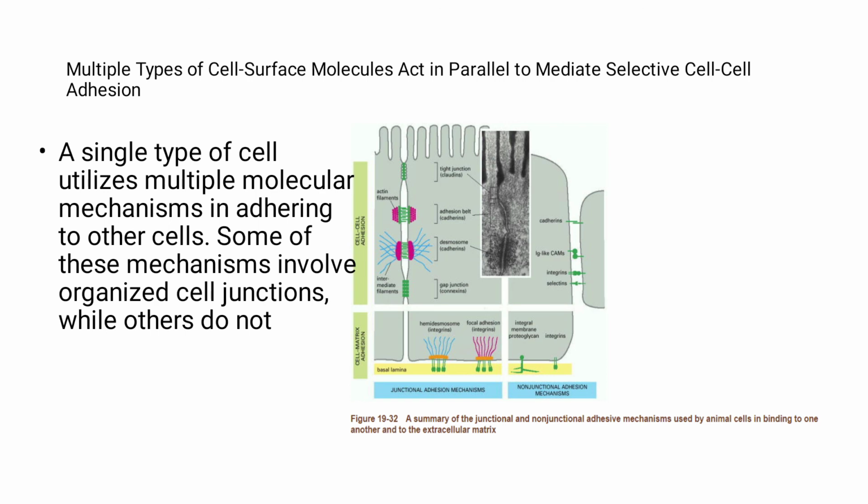Note that the integrins and the cadherins are involved in both non-junctional and junctional contacts: cadherins in cell-to-cell contacts and integrins in cell-matrix contacts. Cadherins generally mediate homophilic interactions, whereas integrins mediate heterophilic interactions.